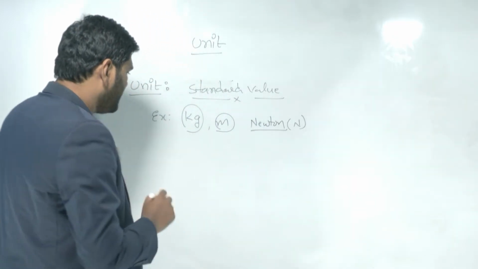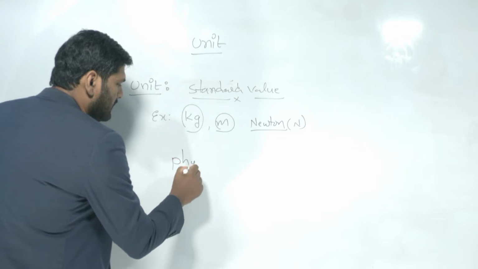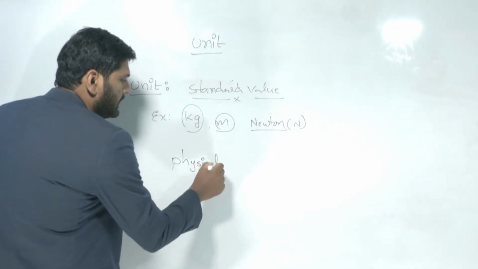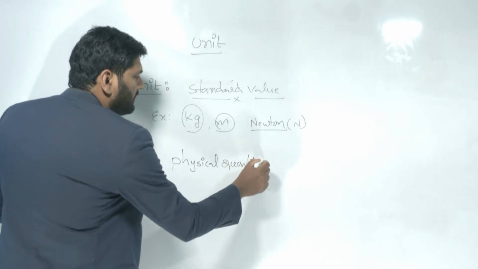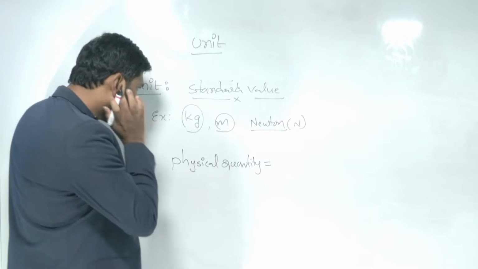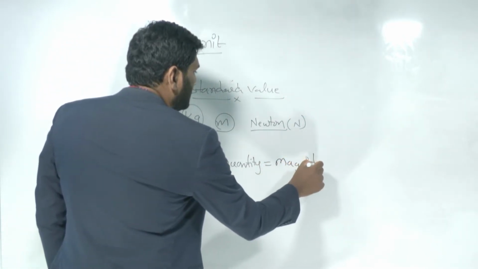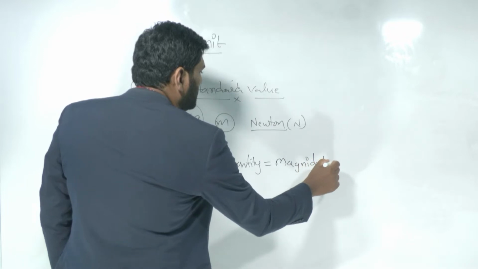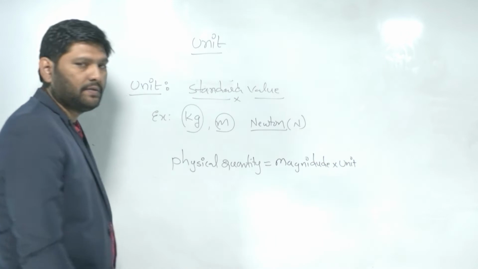Simply let us write here how you ask for the physical quantity. Physical quantity is equal to magnitude into unit. This is the way you ask for the physical quantity.